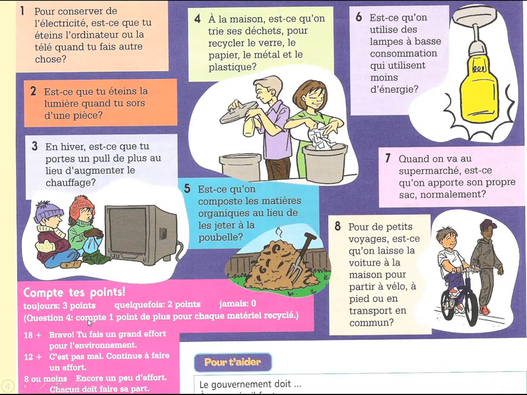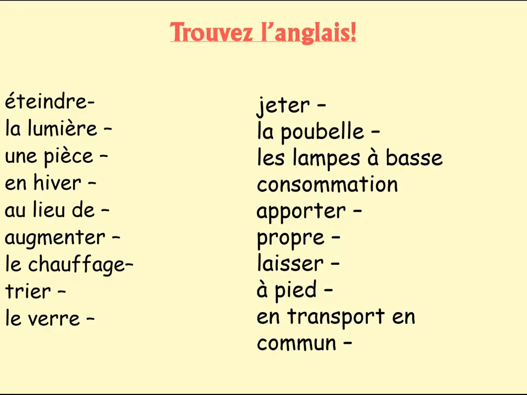And it says for question 4, you count 1 point more for every material you recycle. So do you recycle? 3 points for always, and if you recycle glass, 1 point, paper 1 point, and so on. So read the questions, give yourself a point for how often you do the activity they're asking about, and then you can calculate your scores.